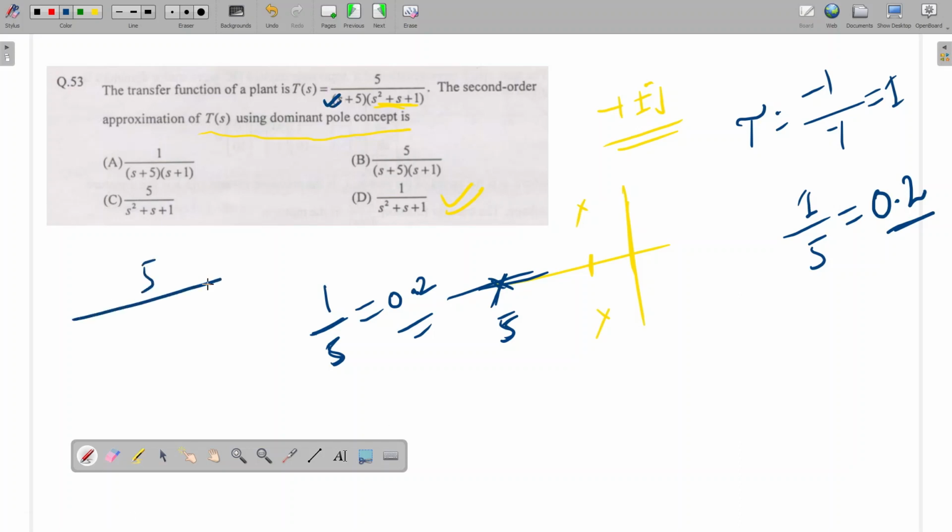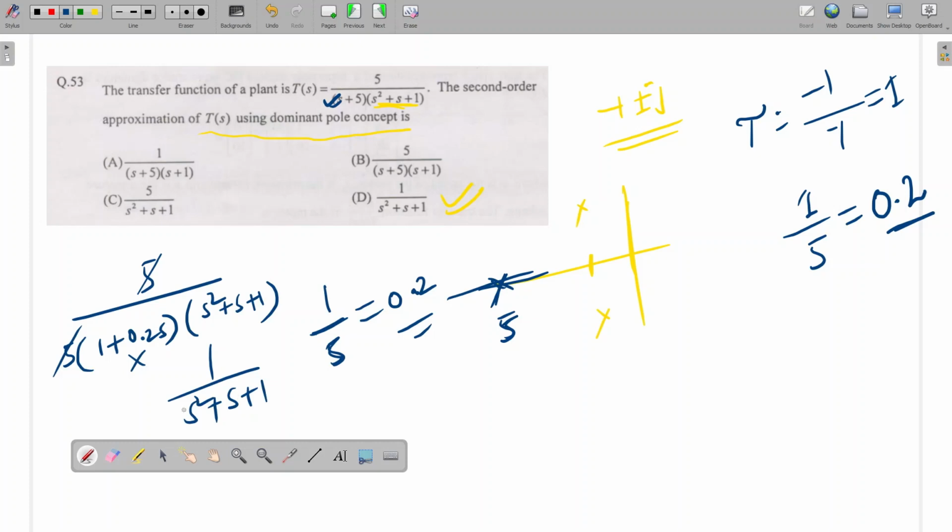Taking 5 common, 1 plus 0.2S into S square plus S plus 1. So 5 will cancel and this we will neglect, and that will be 1 by S square plus S plus 1.